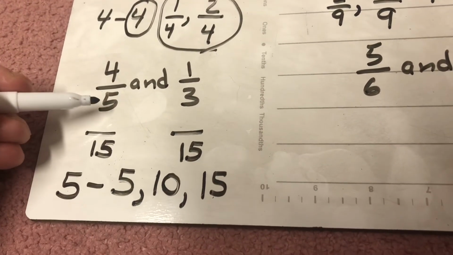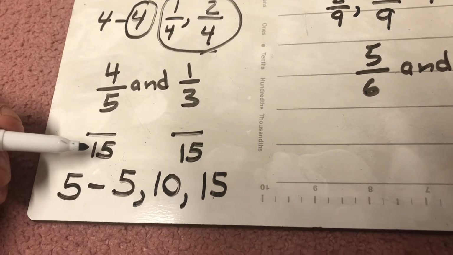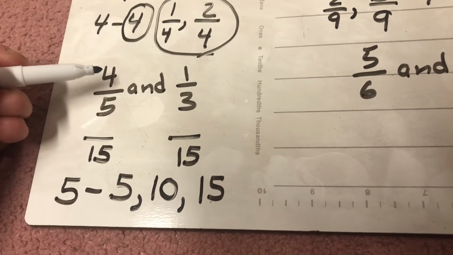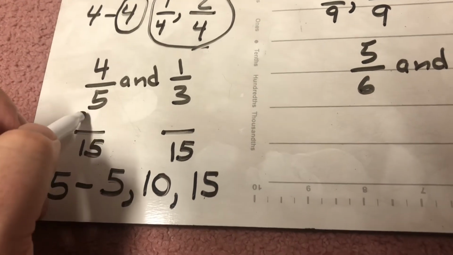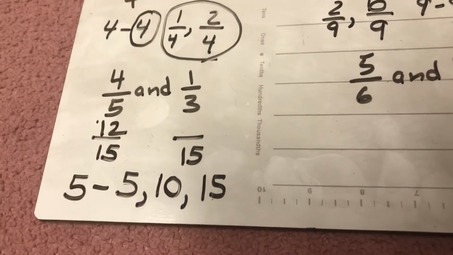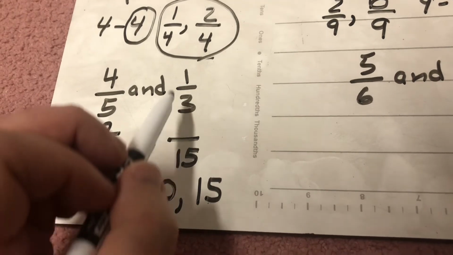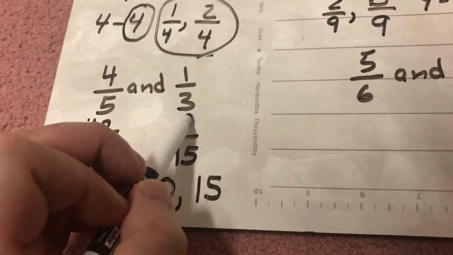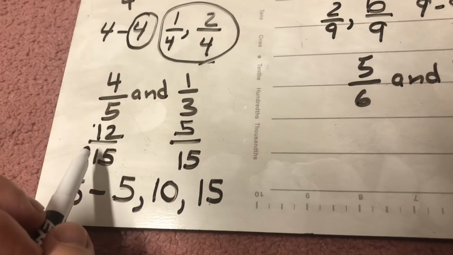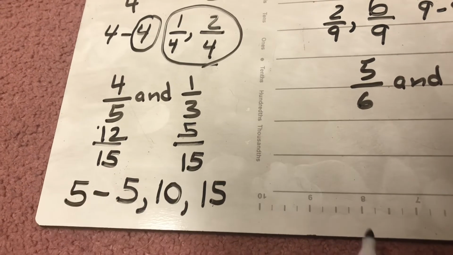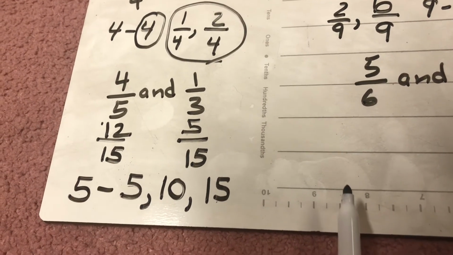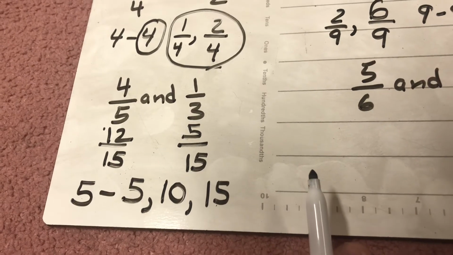I'm thinking, well, 5 times 3 is what gave me 15. So I have to do 4 times 3, and that gives me 12. 3 times 5 gave me 15. 1 times 5 gives me 5. 12 over 15, 5 over 15. Those are my 2 correct fractions using the least common denominator.